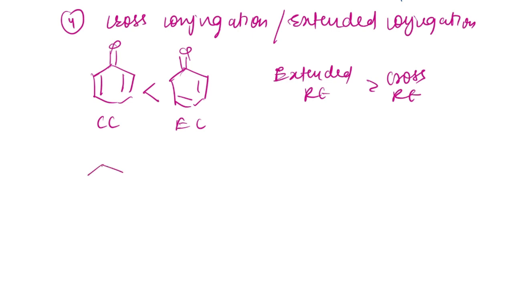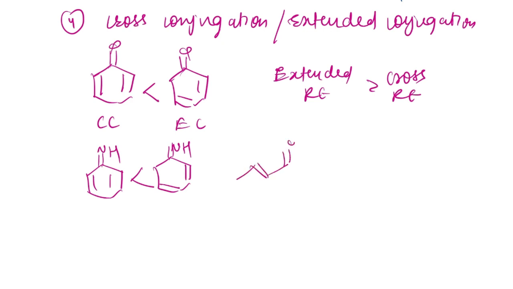Like we have seen more examples, if you see NH, this is the extended conjugation, cross conjugation. Here this is the extended conjugation, this is cross conjugation, and the second one is extended conjugation.